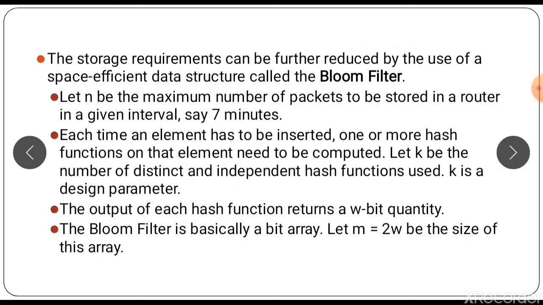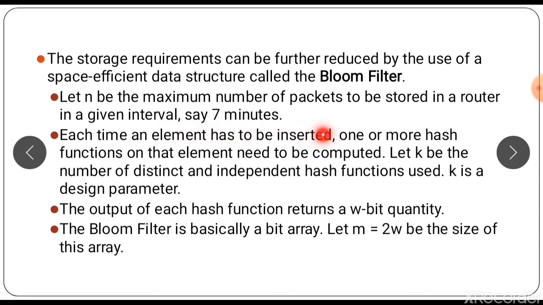This storage requirement can be further reduced by the use of a space-efficient data structure called a Bloom filter. Before using this, we will see some of the notations used. Here n is the maximum number of packets to be stored in a router in the given interval. Here the interval is considered as 7 minutes.